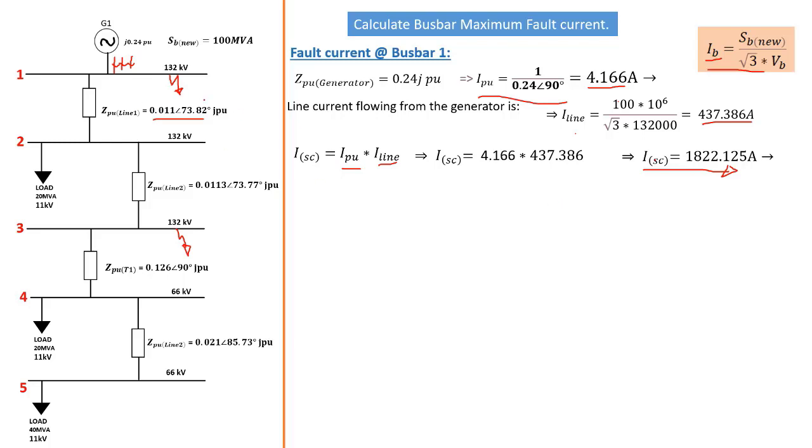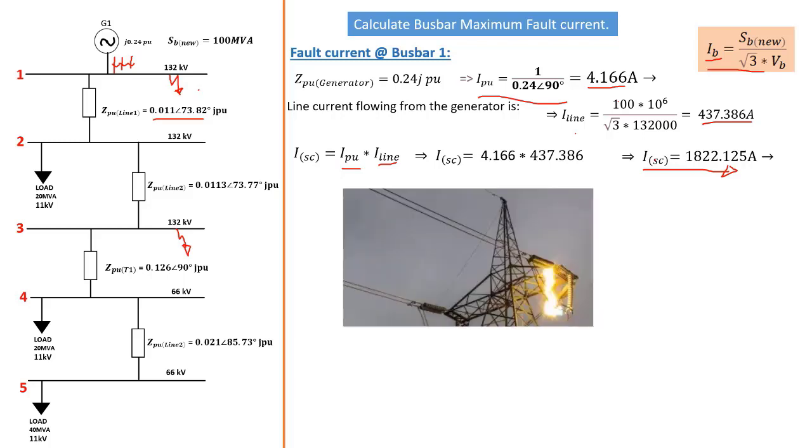Now if you drink too much red wine and you think you can go touch that busbar, remember there will be 1.8 kiloamps of current with a potential of 132 kilovolt flowing from your hand through your heart down to earth. And you don't want to know what will happen to you.